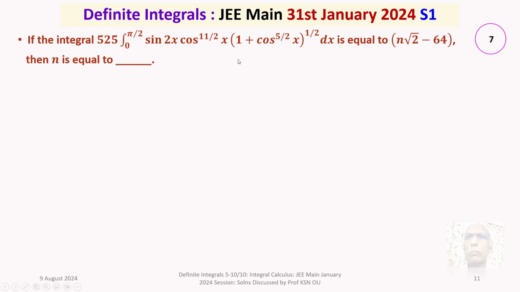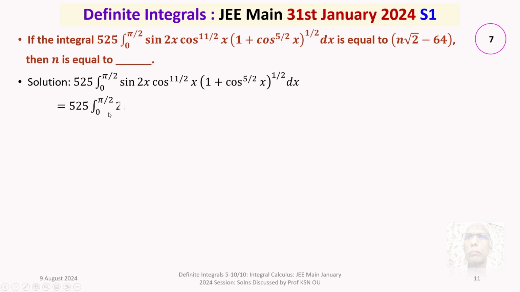So the question is just to evaluate this integral. For that, we take 525 into 0 to pi by 2 sine 2x cos to the power of 11 by 2 x into 1 plus cos to the power of 5 by 2 x to the power of 1 by 2 dx. For sine 2x, we have written 2 sine x cos x and the remaining thing as it is.